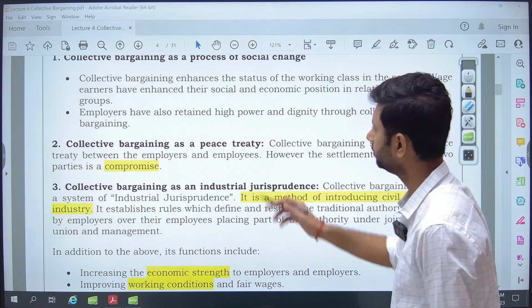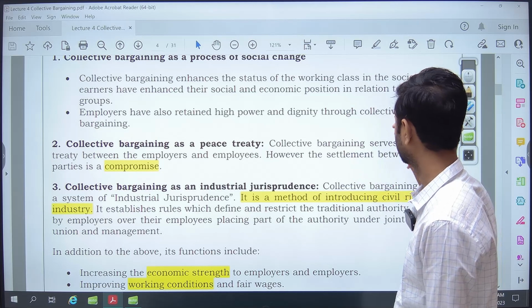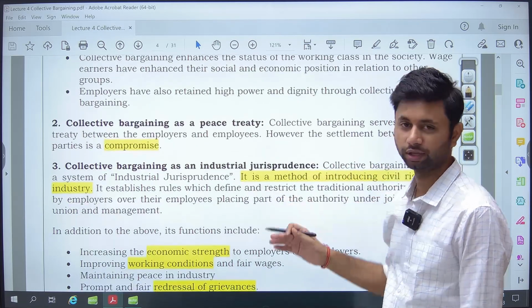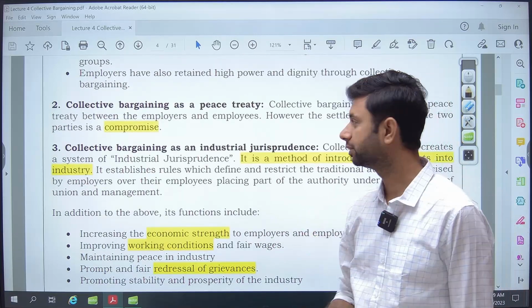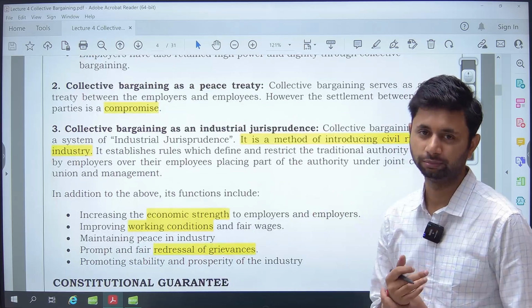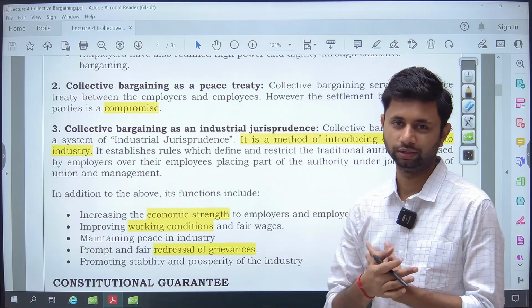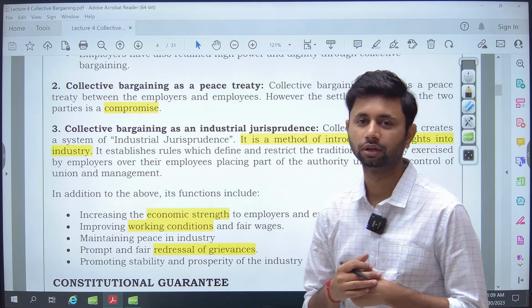See, collective bargaining enhances the social status of the working class in society. Wage earners have enhanced their social and economic power. Employers also retain high power and dignity through collective bargaining. It is a process that involves both parties to enhance their status. Nobody's status is actually going down.